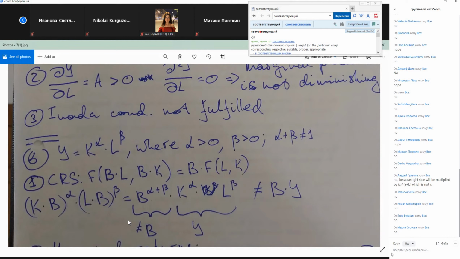And this is not equal to b, whatever value b takes, because b is not equal to 1. If it's equal to 1, then we don't increase inputs, we keep them constant.